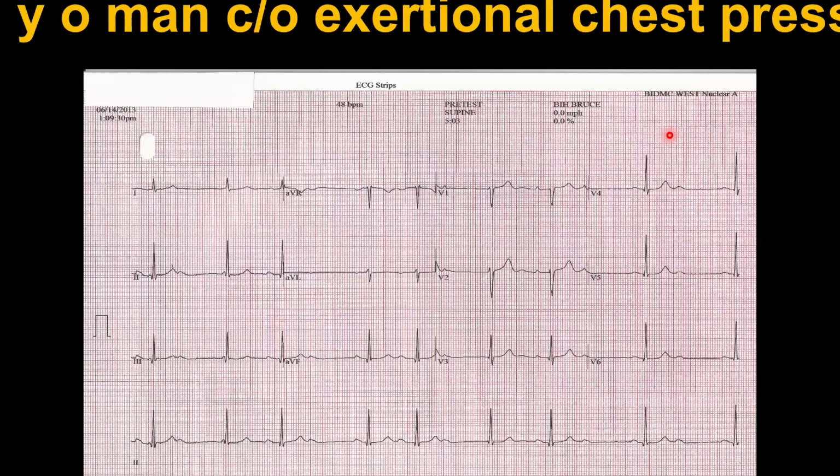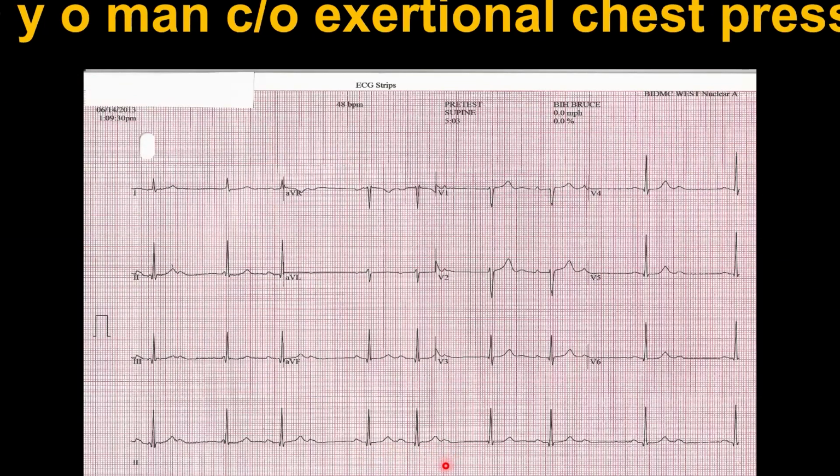If you have every other beat, then you may want to know whether it's Mobitz 1 or Mobitz 2. So you ask the patient to exercise. So here's my patient, who was at the time 69 years old. He has heart block. Here's this PR interval, this longer PR interval, and a drop beat.